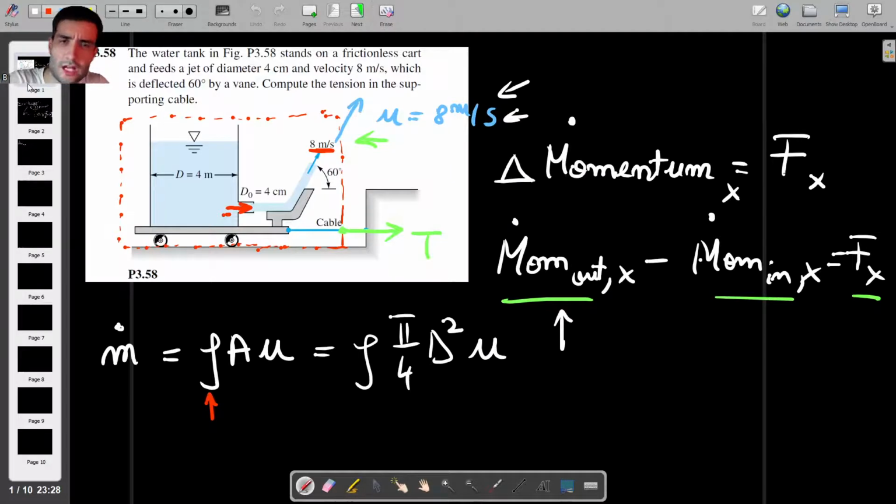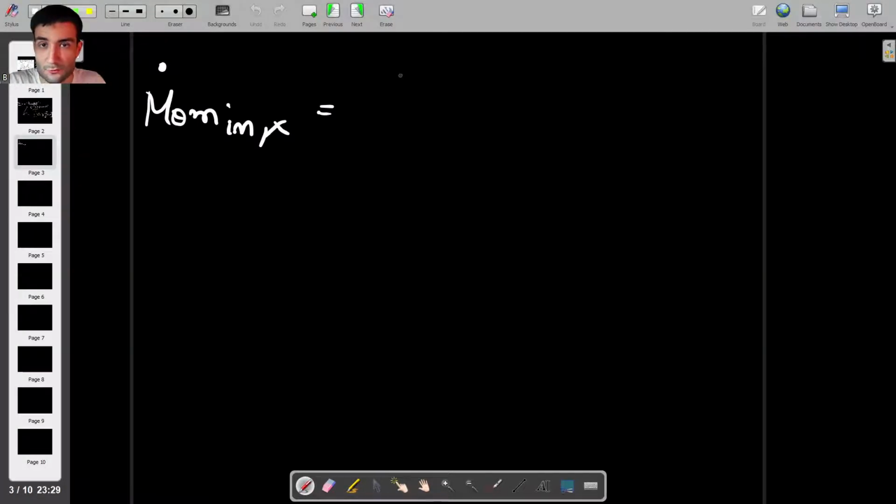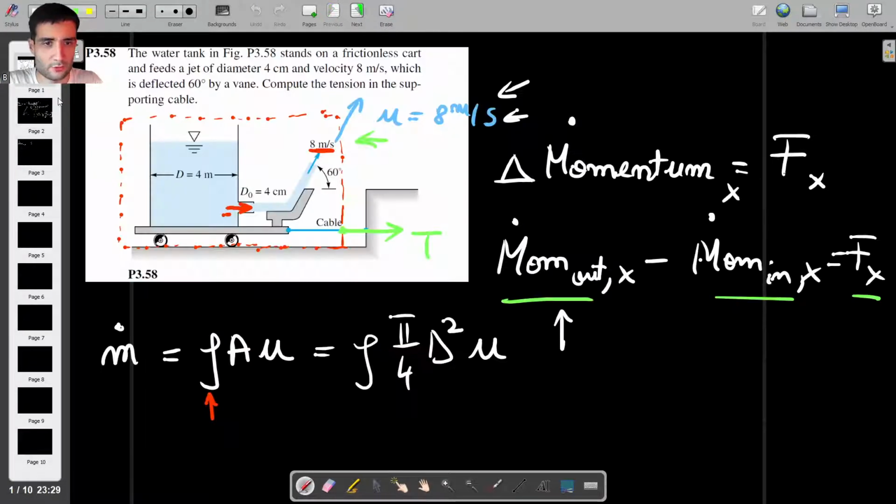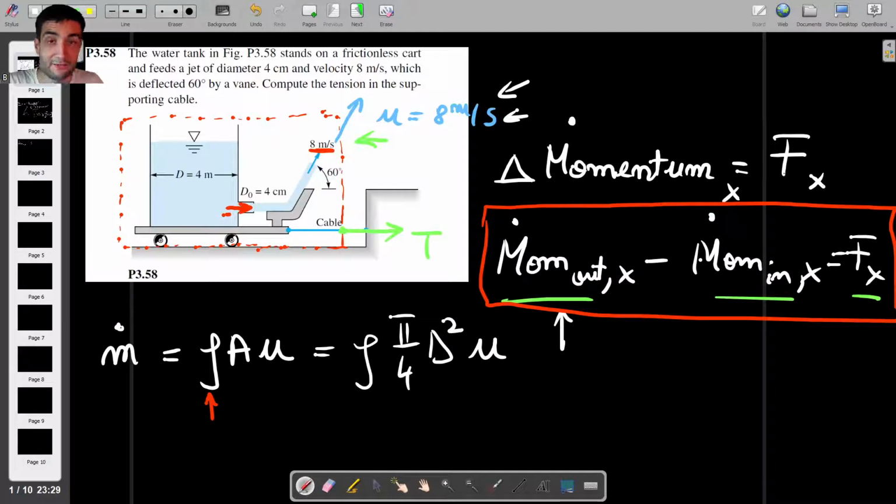If you look at how we drew the control volume, there's actually no momentum coming into the control volume in the first place because all the water is inside that tank, and there's only water leaving the control volume. So it's safe to say that this quantity is zero. Which means that if we go back to this equation, we can find what Fx is.